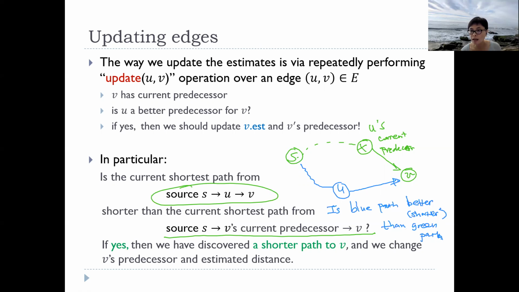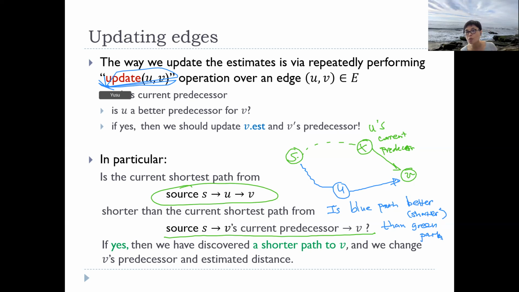What's the blue path? The blue path is the best way to go from S to U plus the edge UV. So this is another way to reach V, which has U as its predecessor. So we ask, is this blue one better? This is what the update on edge UV is doing.